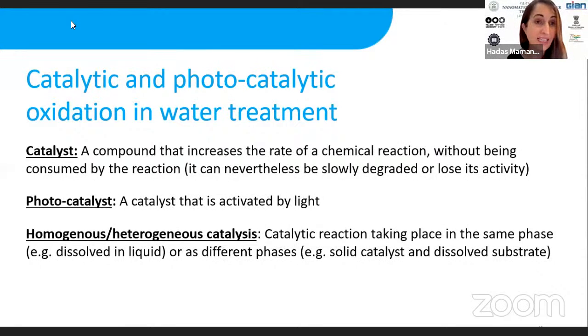And this gas stream, which at maximum would be 14% ozone, will be introduced into the liquid. So we have a gas-liquid interface, and therefore it's very important to control the way that we introduce the gas into the liquid.